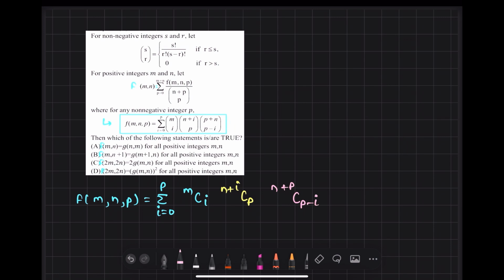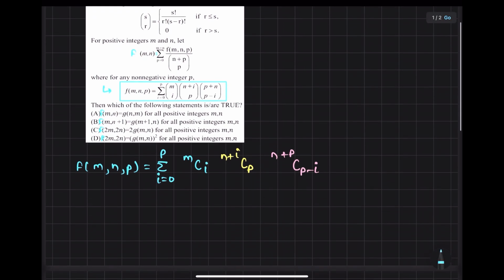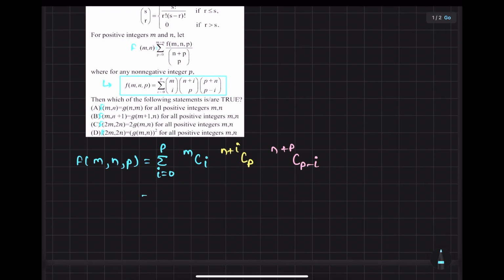Okay, so what I will do is simplification first, because we are not comfortable with three things. Correct? So i is the variable, so it is m factorial by i factorial, (m minus i) factorial.